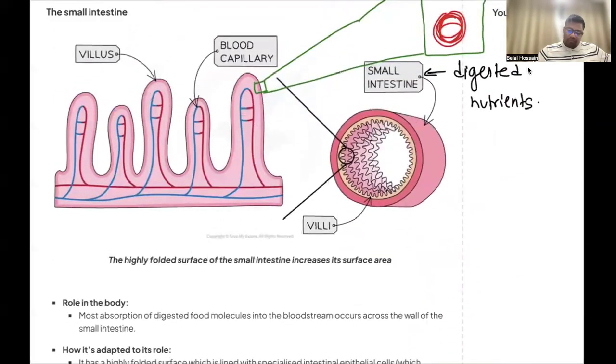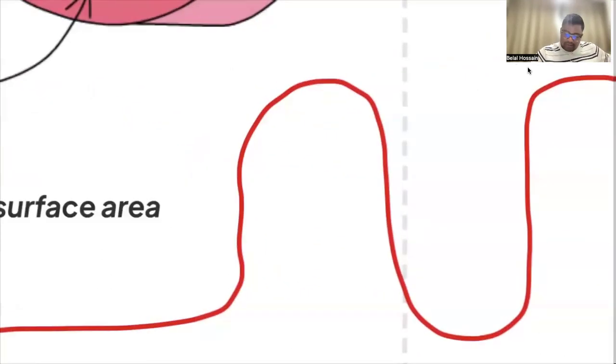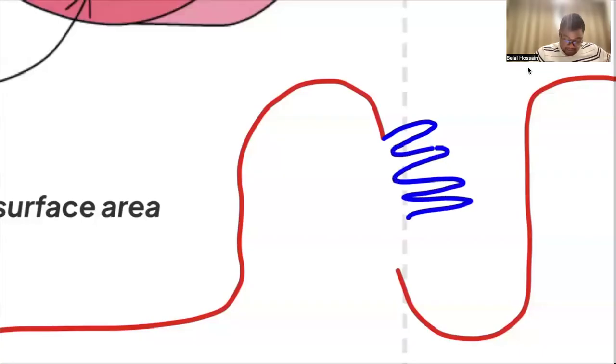Again, the walls of the small intestine have foldings in them. Zoom in a little bit. Within that folding, there are villi.